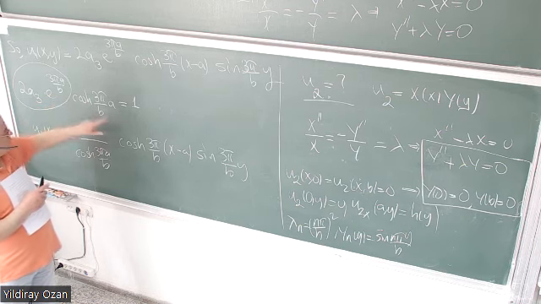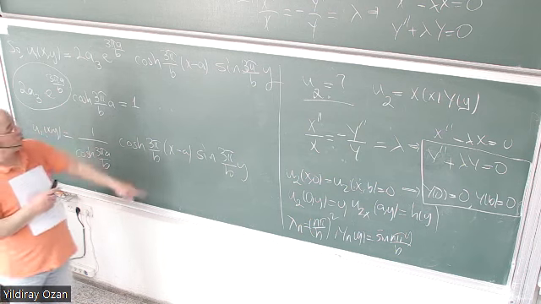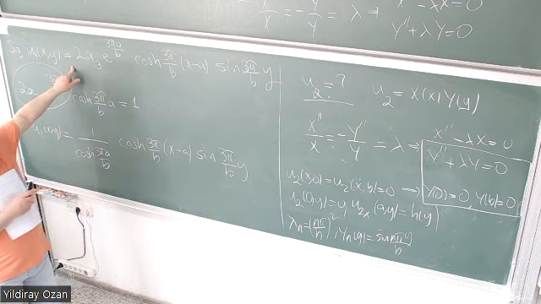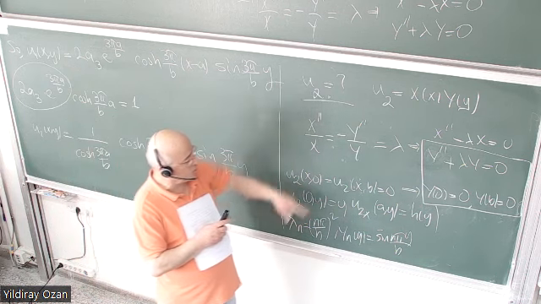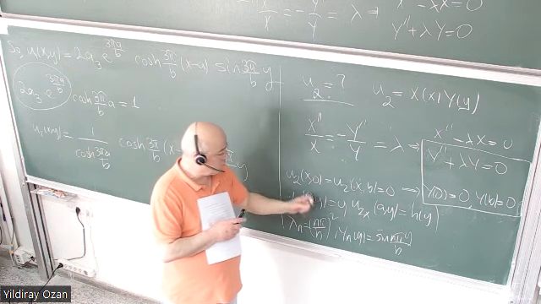So this is just 1 over cosine, and we just wrote it here. So we computed U1. For U2, we write down the same equations and so on, the same boundary conditions.